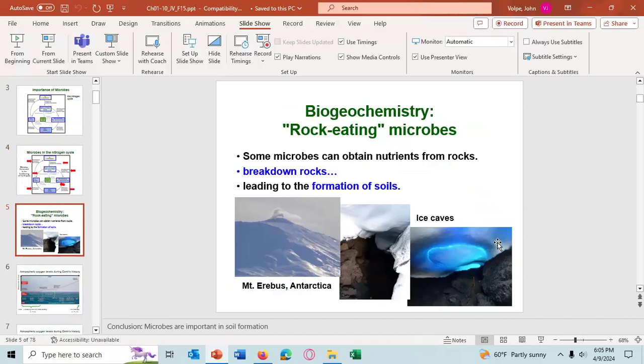Soil is mostly made from erosion, from either wind or water, eroding the rock and making soil. But a significant portion, about 20%, can be made into soil by microbes. And so microbes are important in the making of soil. Any question about any of that?